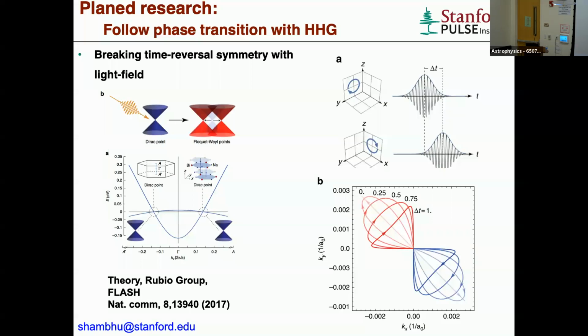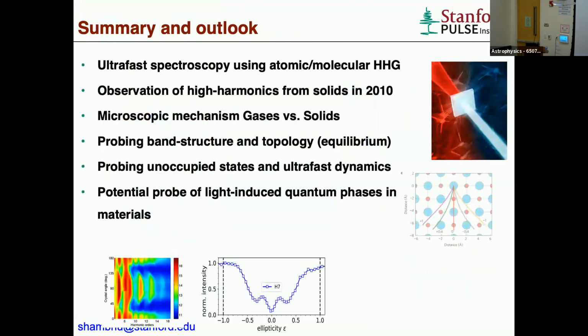And something more fancy here: using two different circularly polarized laser fields in two different planes, you could actually tune these Weyl points in the Brillouin zone just like that, and we hope to be able to test this theory in the near future.